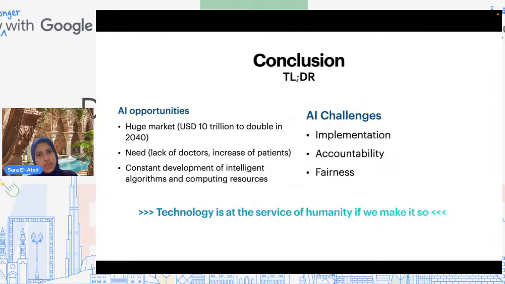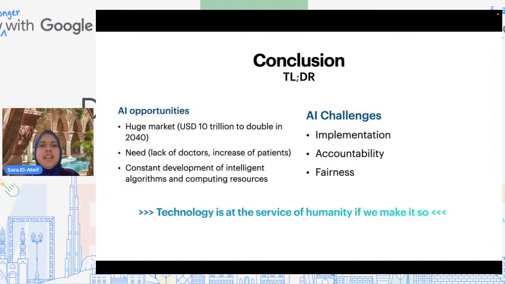So in conclusion, AI has lots of opportunities in healthcare, and it faces a lot of challenges. As we said, for opportunities, we have a huge market, obviously, because we will be lacking lots of doctors in the future. We will be having lots of patients.